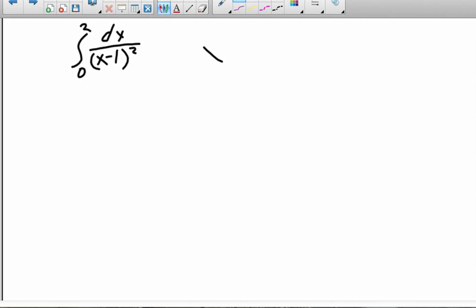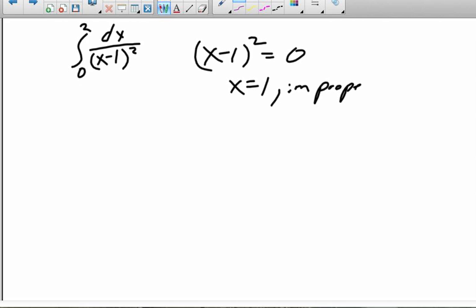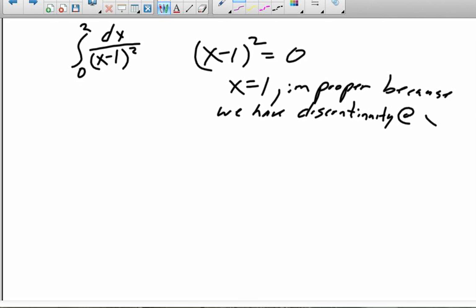However, we need to find out where that is, and at x equals 1, I have a discontinuity, so this is improper, because we have an infinite discontinuity at x equals 1, which is within our bounds.